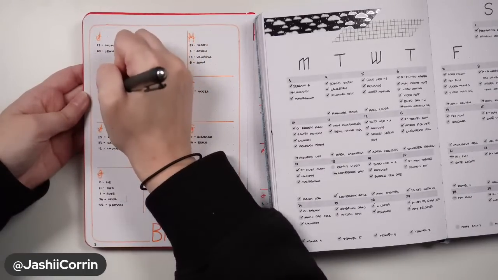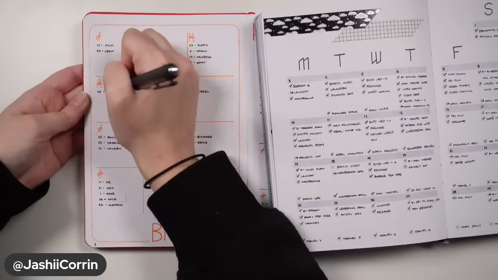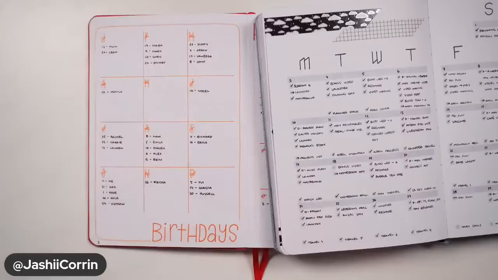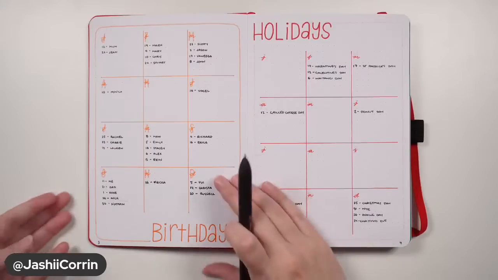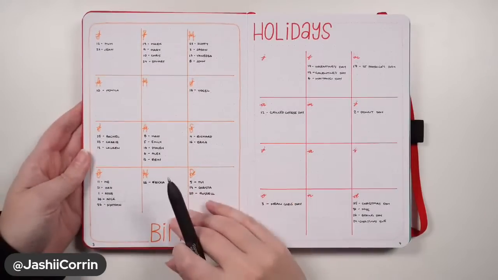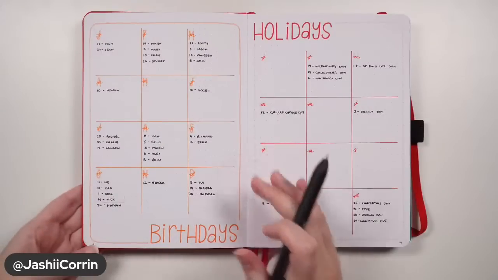People I would actually wish a happy birthday to, because I'm not very good at actually wishing people happy birthday in general. I don't think I even wish my brother happy birthday. So, birthdays list, I don't have anybody else to add at this stage, I think. Maybe there are. We're going to pretend there's not.